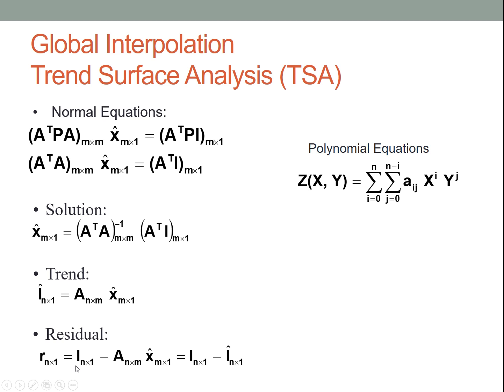So for the residuals, I'm going to use R in this case compared to E, because E gets really confusing. We have our observed values minus the modeled values. So observed minus modeled. In other applications, you may see that it's modeled minus the observed. I know that is also a case.